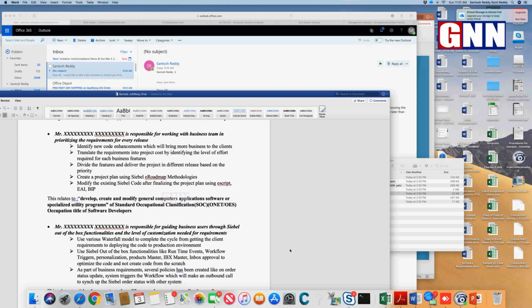Hi Santosh, I have one question. Can we file H1B with an internal project? Well, if you have an internal project, yes. But make sure you have proper documentation for the internal project, like for example a business plan, technical documentation, and also if you have a product, then you have to show who would be the buyer for the product.